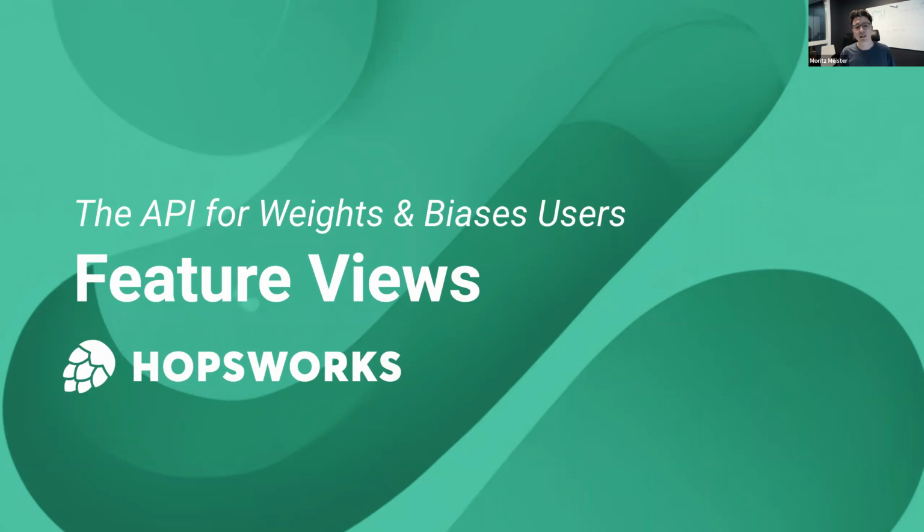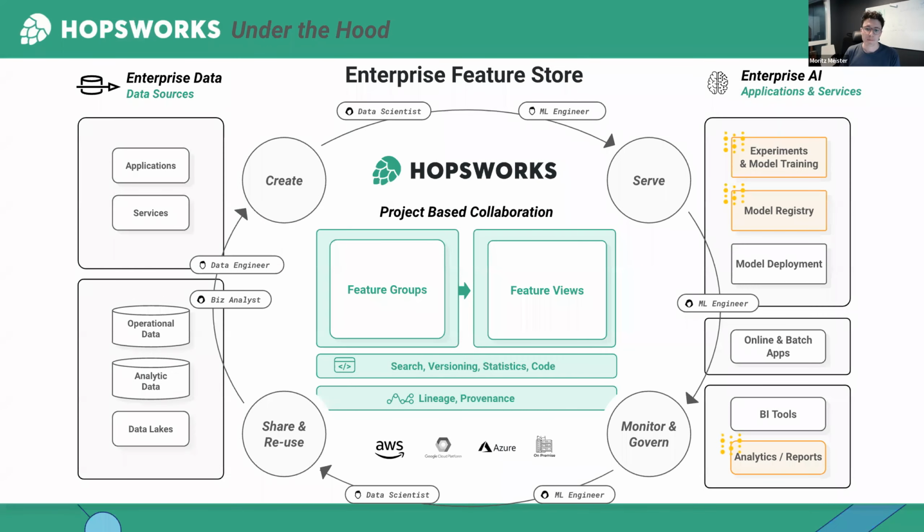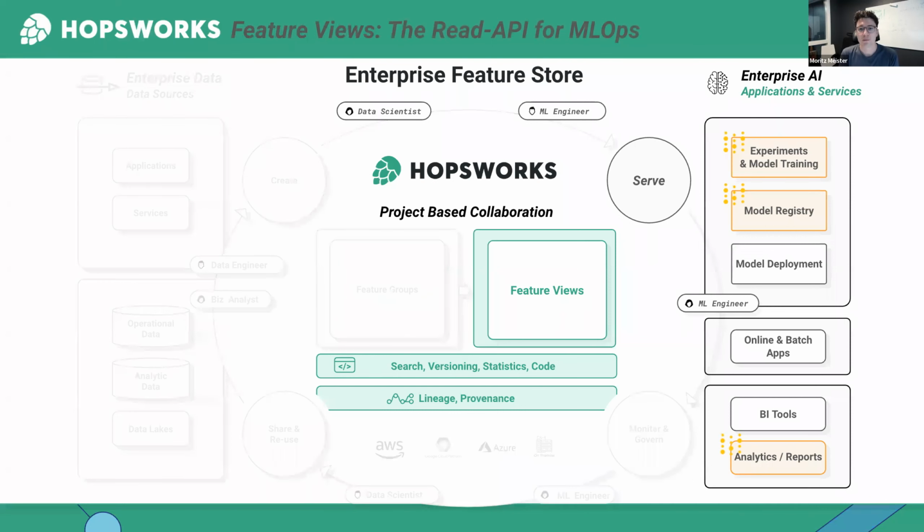And then the Weights and Biases users, mostly the data scientists, will go in and use the read API, which are the feature views.